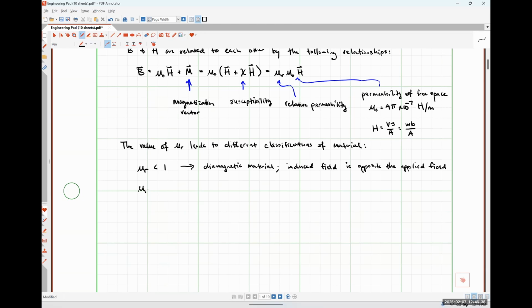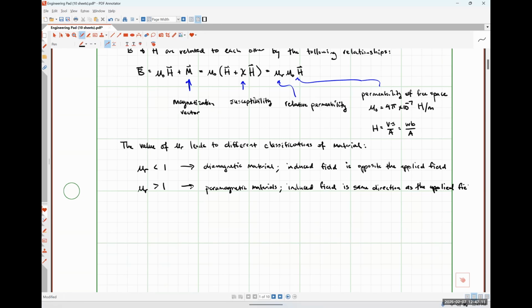When mu r is greater than 1, we have what are called paramagnetic materials. So in these materials, our induced field is in the same direction as the applied field.